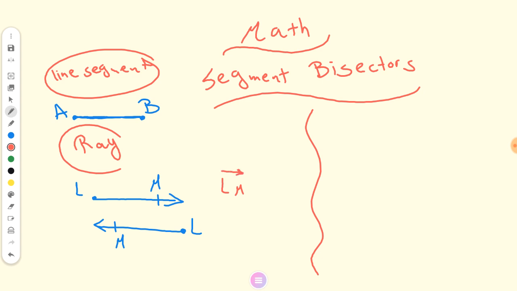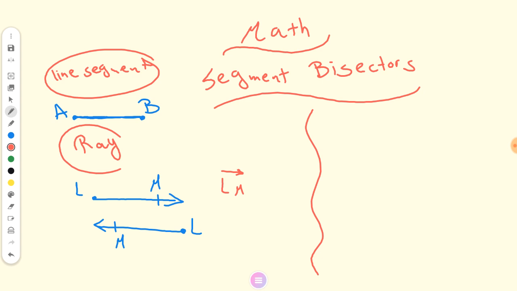Here we have another ray. It has a starting point but no ending point. I can say L is the starting point, but I can't say M is the ending.